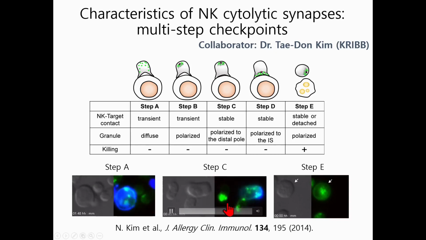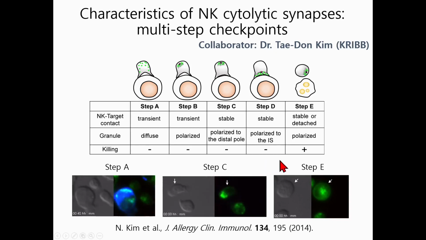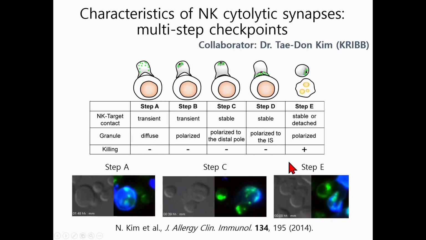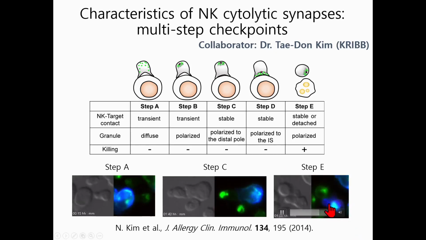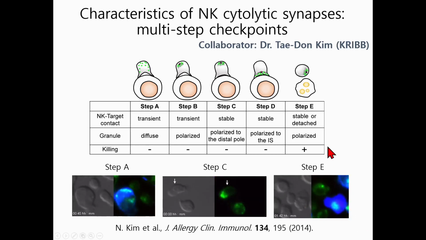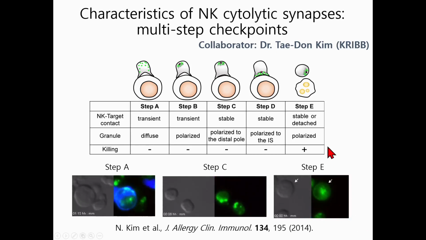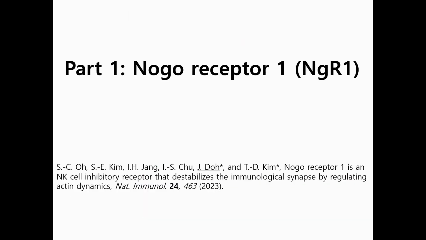If you look carefully, they make a synapse, but the granules are still on the backward side. So they are very, very careful. But when they become confident about everything, they undergo exocytosis of granules and kill the target cells. So it's really a stepwise and conservative process. We do this kind of live cell imaging to identify what NK cells are thinking and how they make decisions.